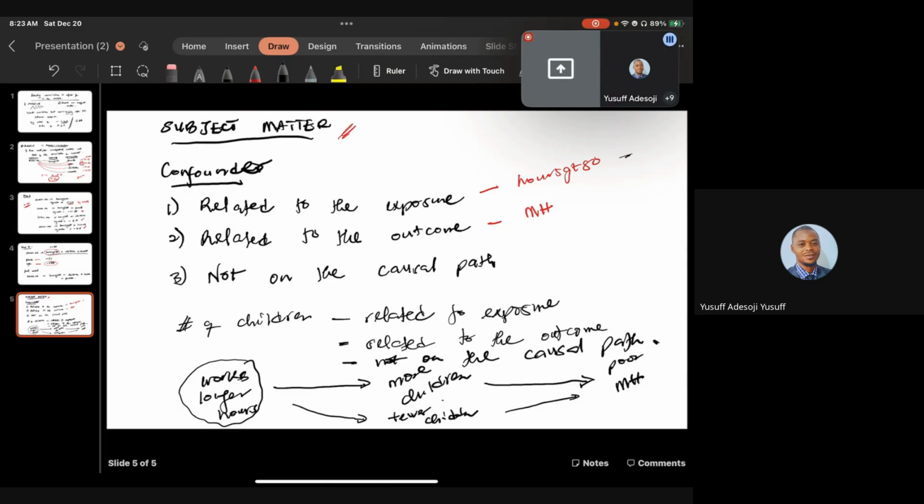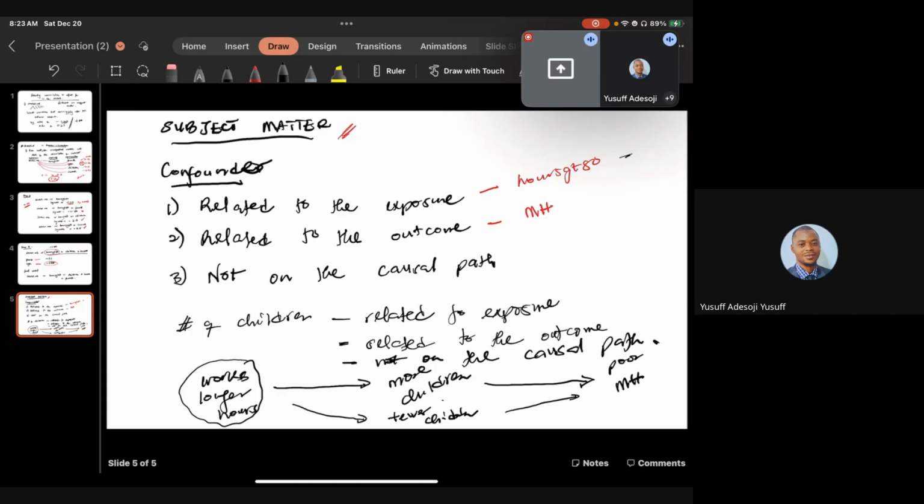Yeah, for me, since it doesn't lie on the causal pathway, it might not really be one. Of course, it might have a relation to the exposure and the outcome, but not necessarily.